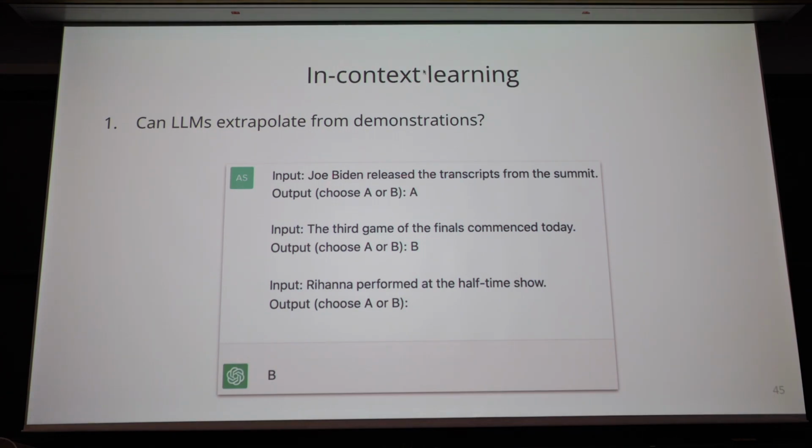Often just 1 to 5 will do a pretty good job. These demonstrations will teach ChatGPT what you're looking for, and it's able to build off of the knowledge it already has and then answer the question that you give it. So this is a way to define a task using demonstrations instead of using instructions.